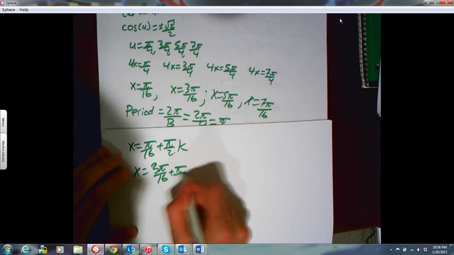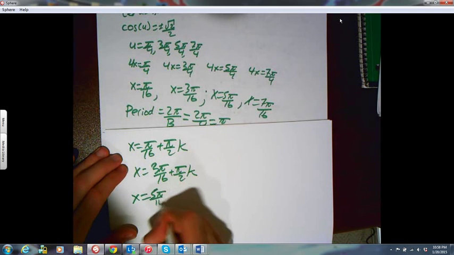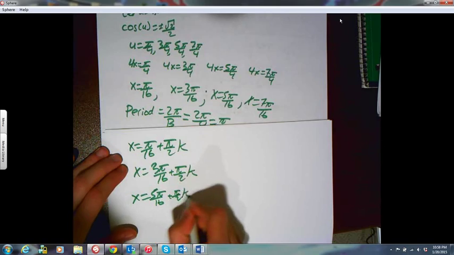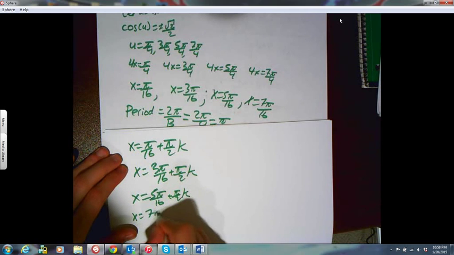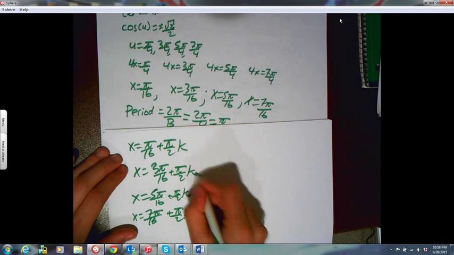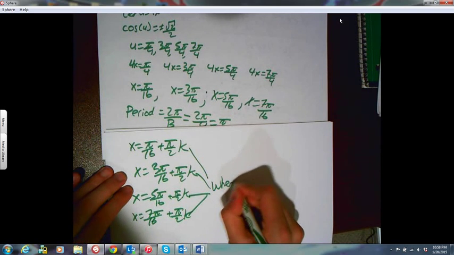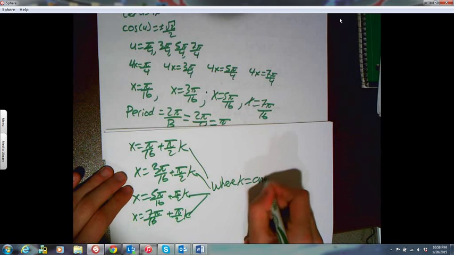We have x equals 5 pi over 16 plus pi over 2k. And we have x equals 7 pi over 16 plus pi over 2k. All these k's, where k equals any integer.